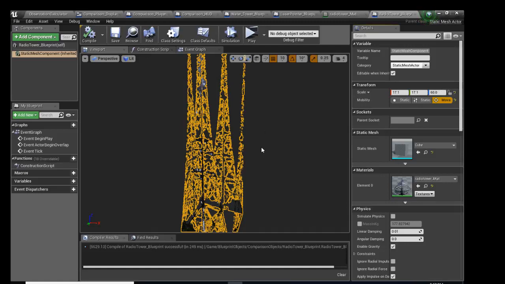So what I probably should do is make it even 100 meters, and then it's easy to scale either way.